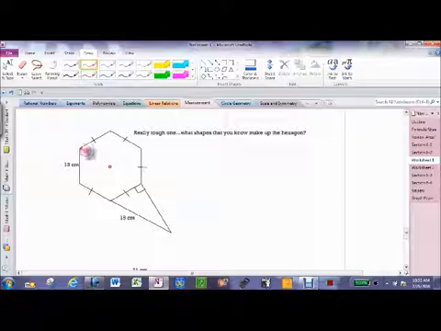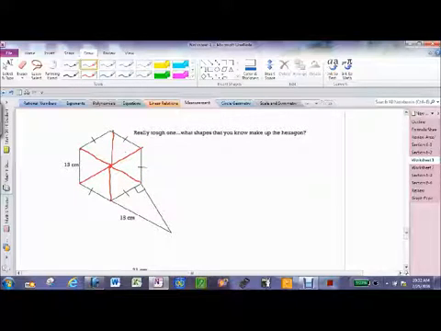Wait a minute. That's 6 triangles, isn't it? Yeah. So the area equals 6 triangles for the hexagon plus this triangle here, yeah? Plus 1 more triangle.